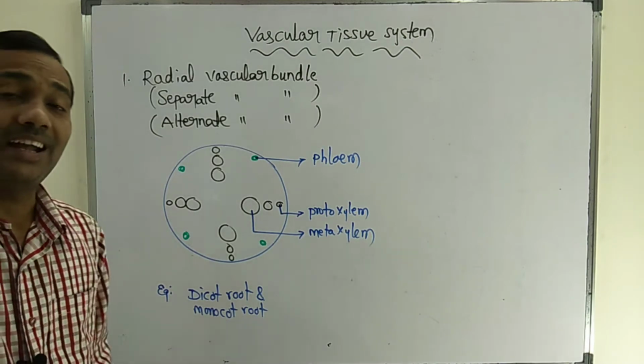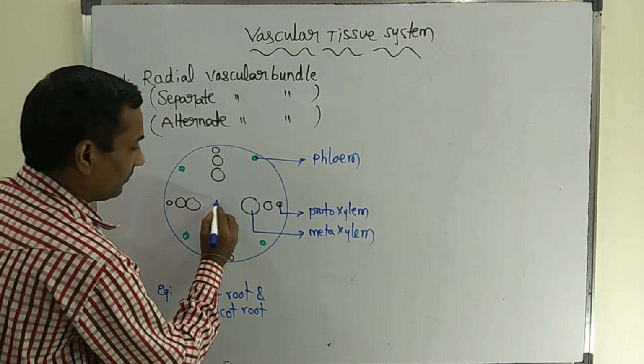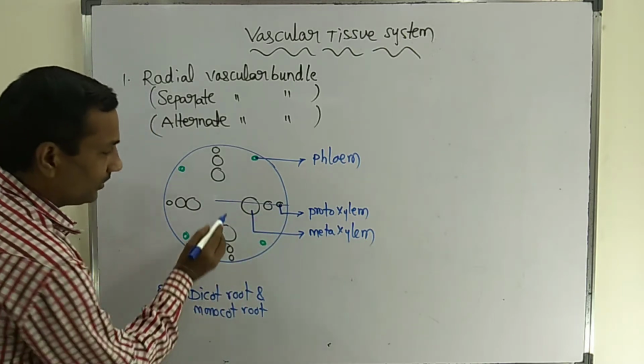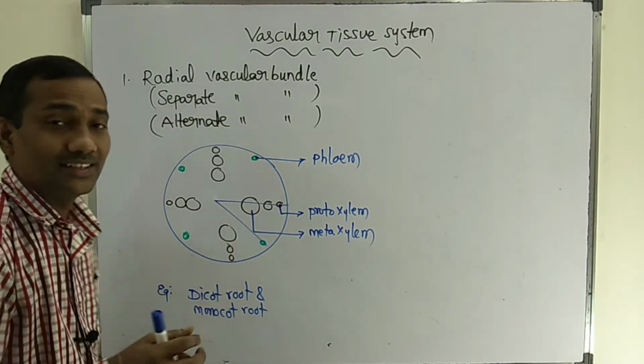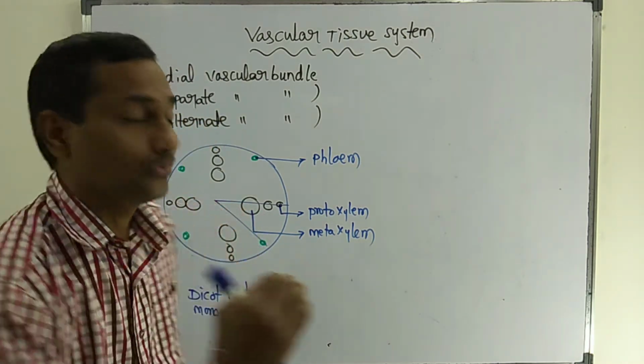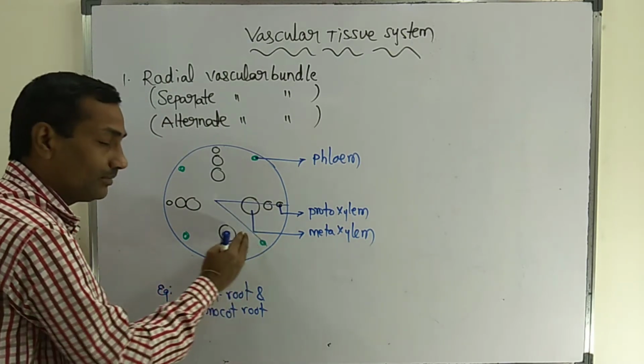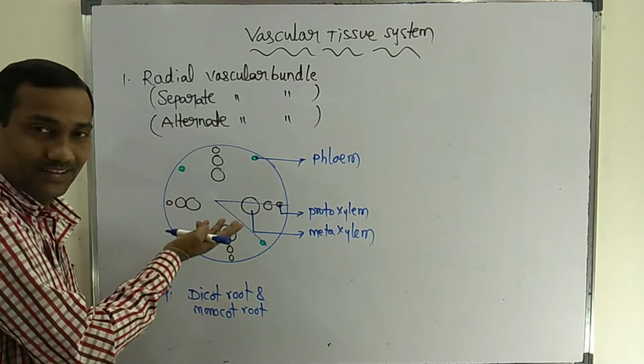Xylem and phloem are arranged in an alternate manner. Xylem is found on one radius, phloem on another radius. Xylem and phloem are not found on one radius. They are arranged in an alternate manner.